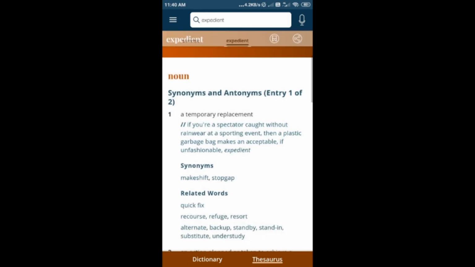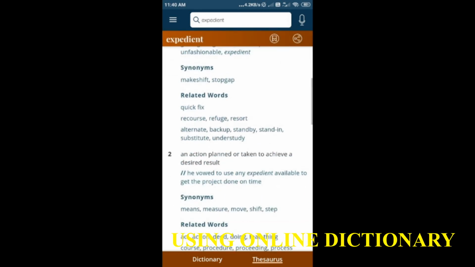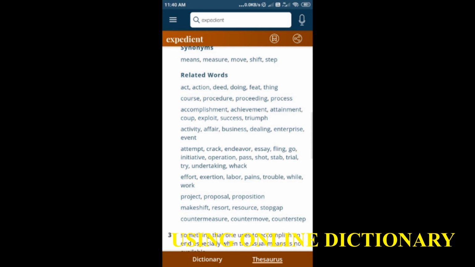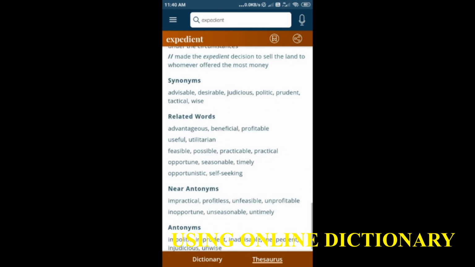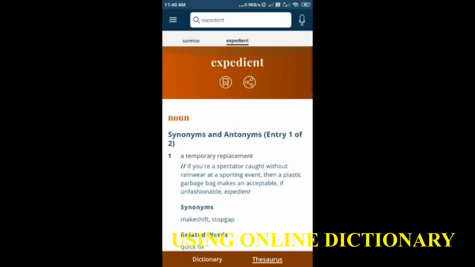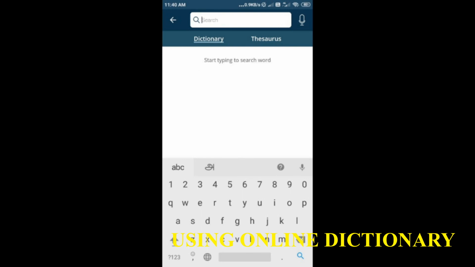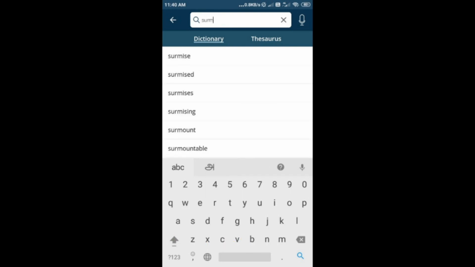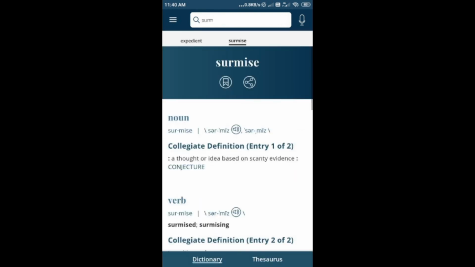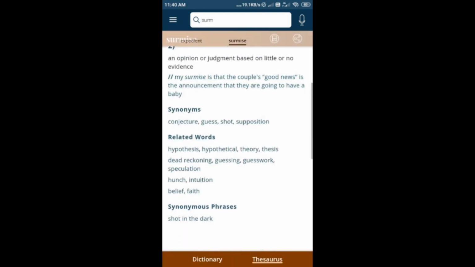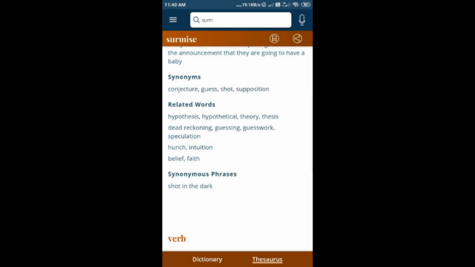So the word expedient has related words like this, right? So it has these many related words, right? And that is how a thesaurus works. So if you want to do it for another word, you could go ahead and do this. So I'm going to type this word called surmise, and then I'm going to thesaurus, right? So when I go to thesaurus, it's going to give me all related words like this.